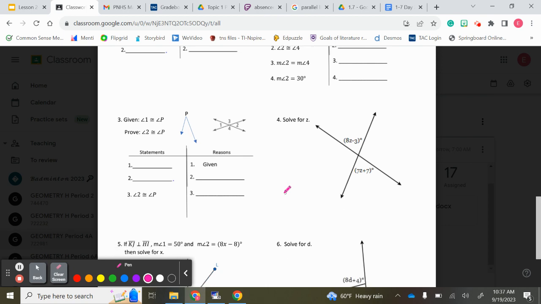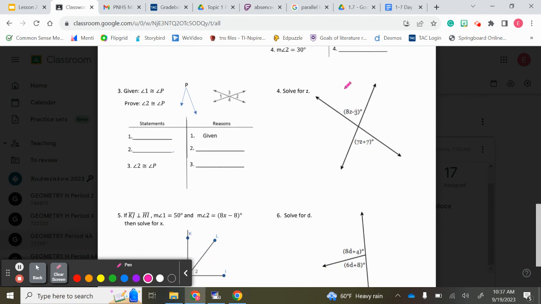Look at number 4. Number 4 gives you what type of angles there? Who can tell me? We just talked about it. Good. They're vertical angles. So I'm going to take these 2 and do what with them? Yeah. So this one, you're setting everything equal, one to the other.